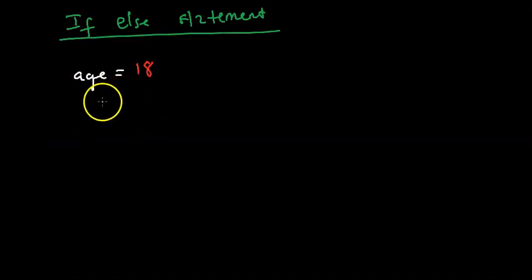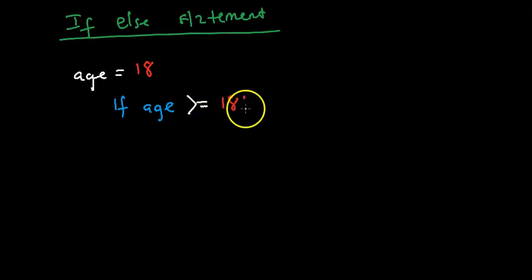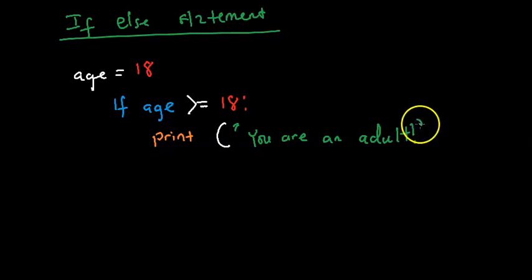So therefore the statement is going to be: if age is greater than or equal to 18, print, open bracket, double quotation, you are an adult, double quotation, and close your bracket with the same color which you started.